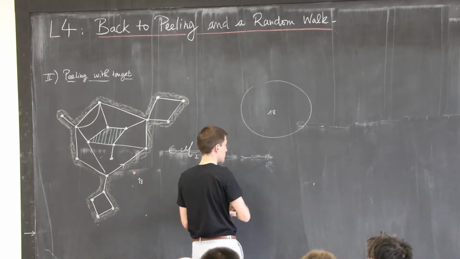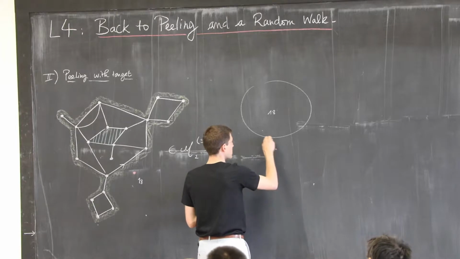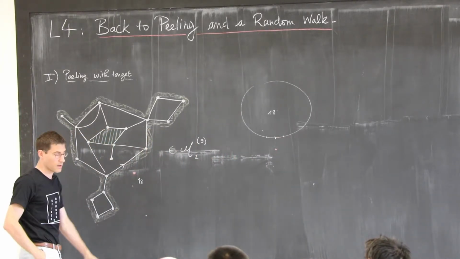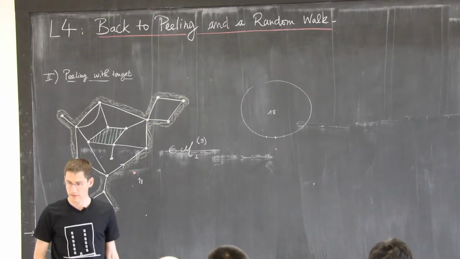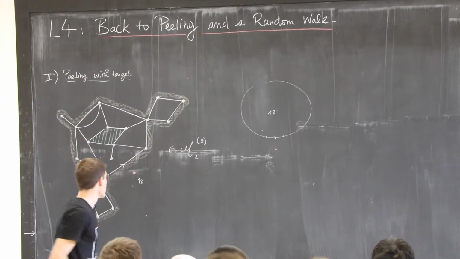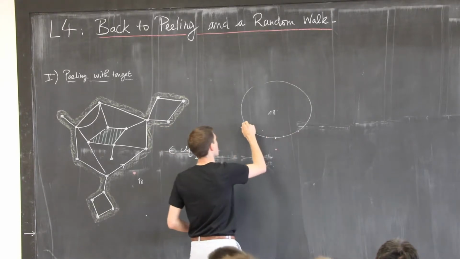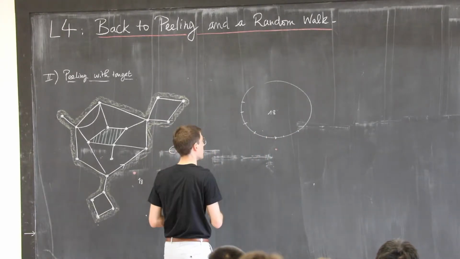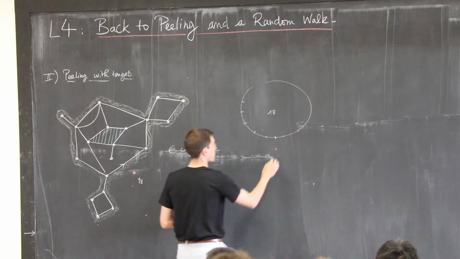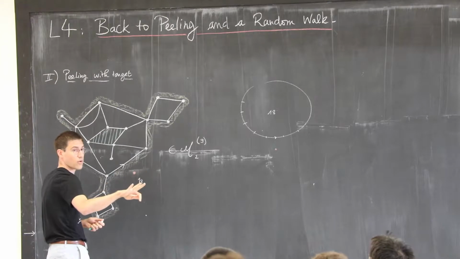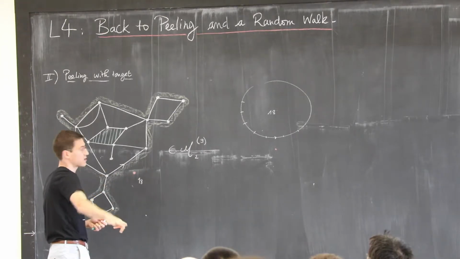You've got your root edge here, and your algorithm, which was in orange yesterday, tells you that it wants to explore that door. The external face is always the face on the right of the root edge.